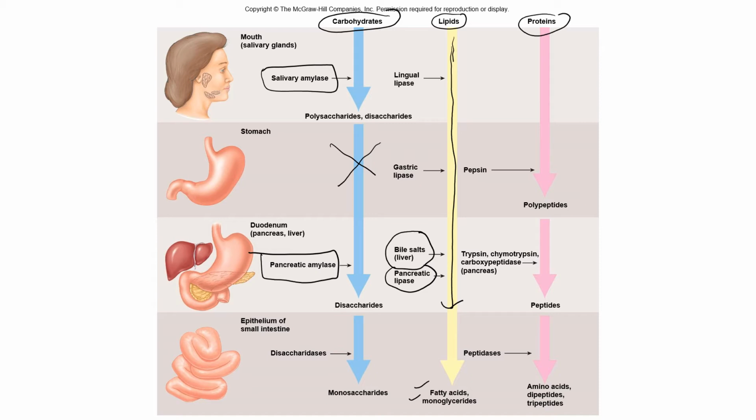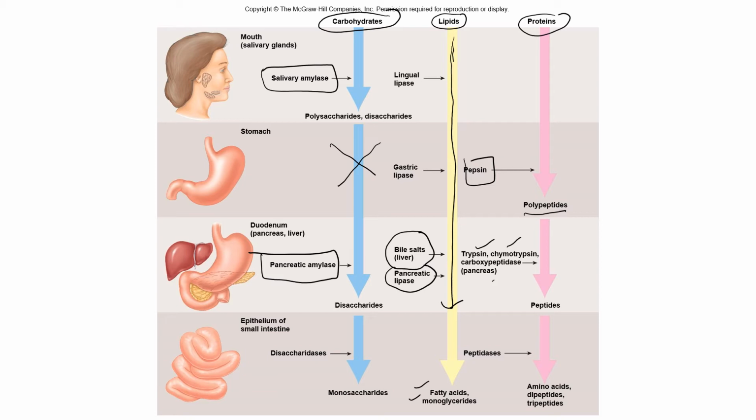Protein digestion begins in the stomach by the action of pepsin secreted by chief cells. The broken down polypeptides will be further broken down into smaller molecules by the actions of pancreatic trypsin, chymotrypsin, and peptidases.